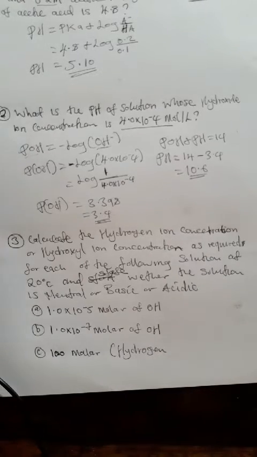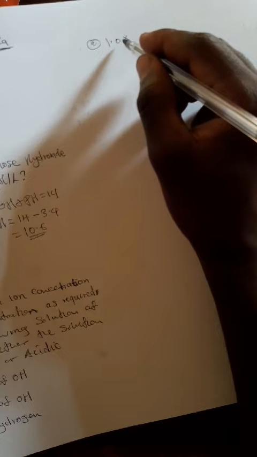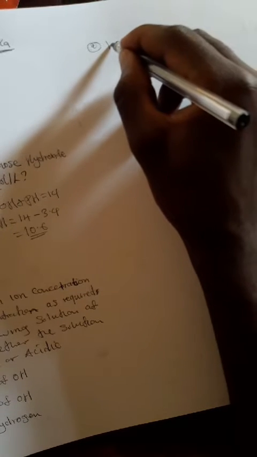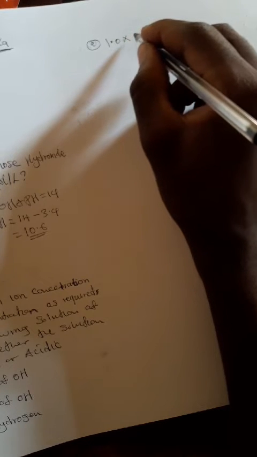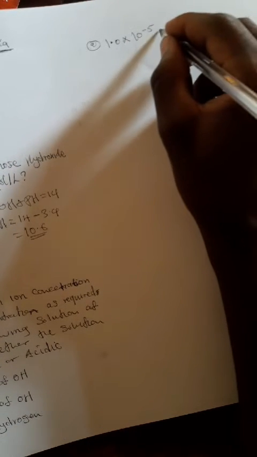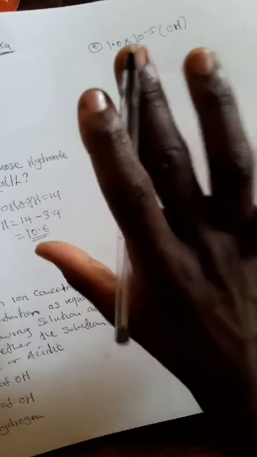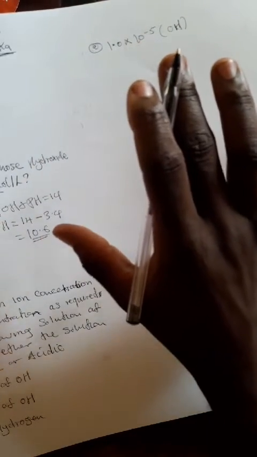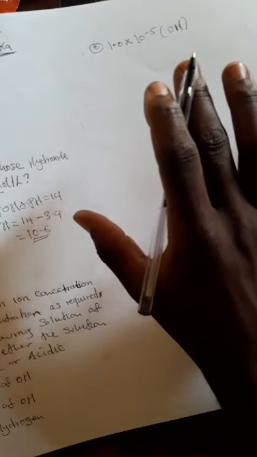The first thing that you have here is A, which is 1.0 times 10 to the power negative 5. This is for the hydroxide ions. But now we want to calculate the hydrogen ions, and then we need to state whether the solution is acidic, basic, or neutral.